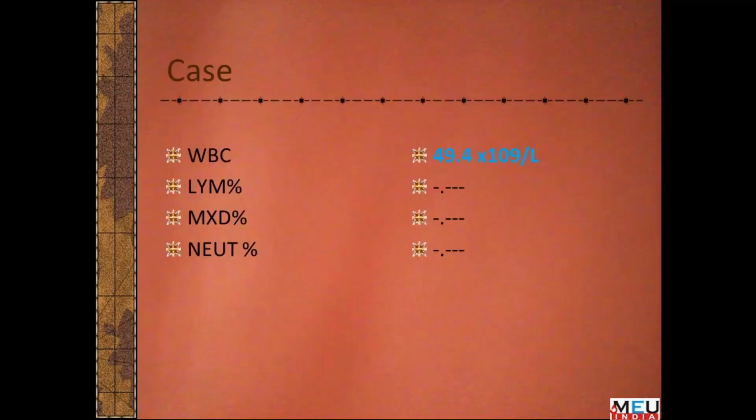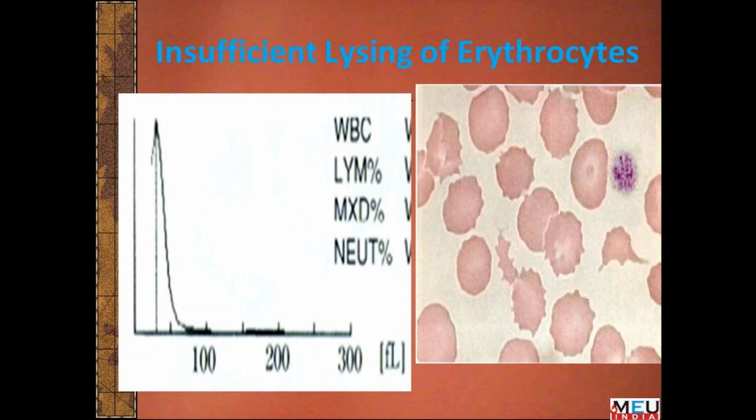Then sometimes the WBC count appears very large with no clear-cut evidence of lymphocytes, mixed cells, or neutrophils. This is due to insufficient lysing of erythrocytes, and these erythrocytes give false flags in the WBC histograms.